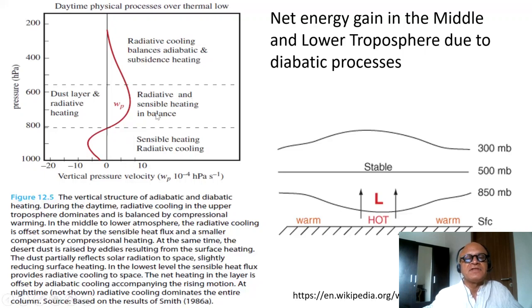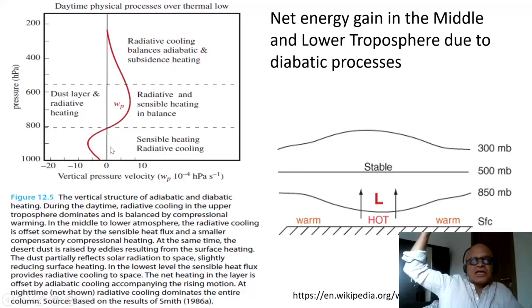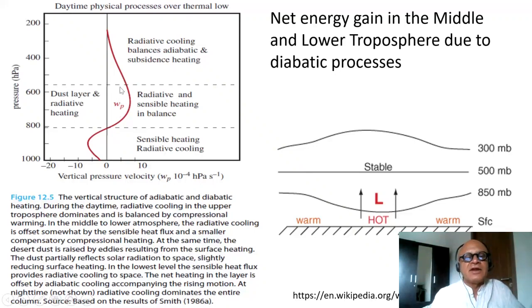There is radiative and sensible heating in balance, so this sensible heating is taken up by the rising air, creating this divergence. So there's a convergence below, divergence above, as we talked about, and then there is radiative cooling balancing adiabatic and subsidence heating over here.